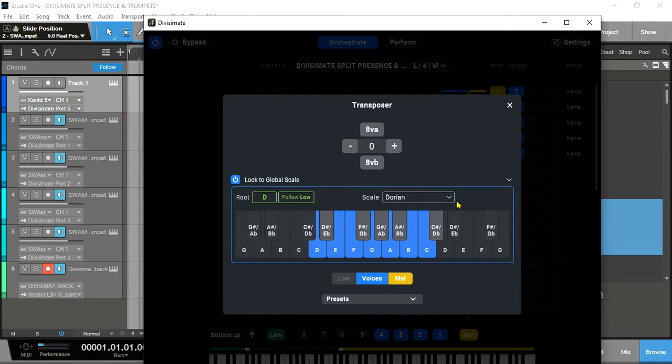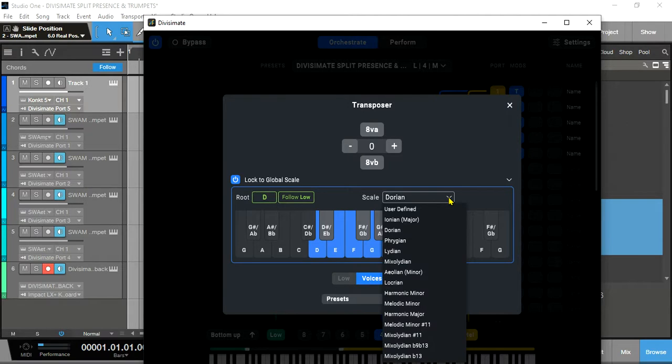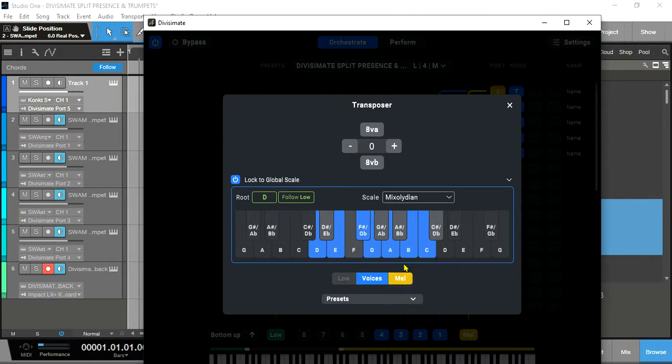Okay, and then if I come over here to the Mixolydian, which is the fifth degree of the scale, supposedly I think it's C, right? Yeah, there you go.